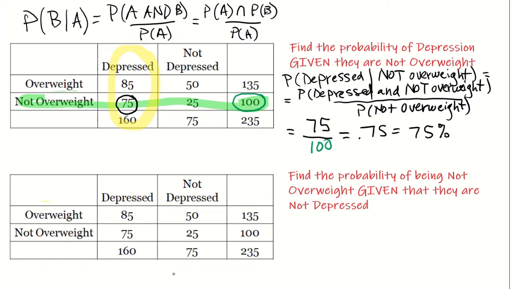Let's do our next problem. The next problem says, find the probability of not being overweight given that they are not depressed.